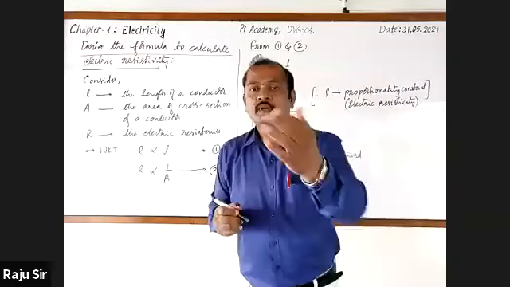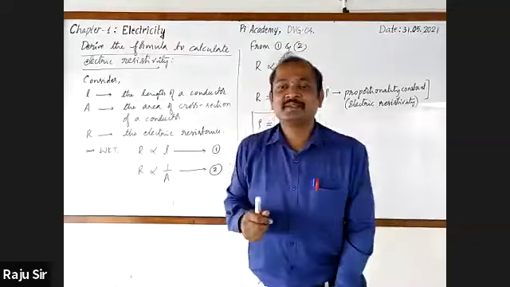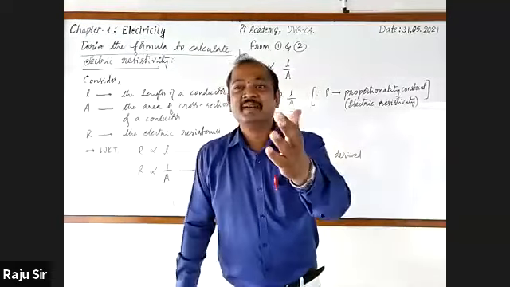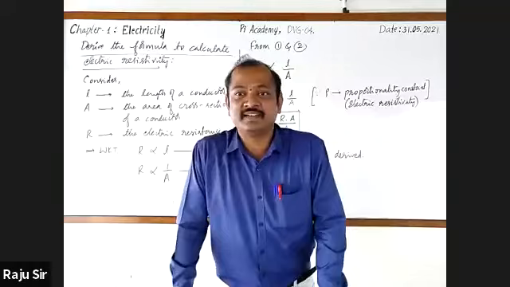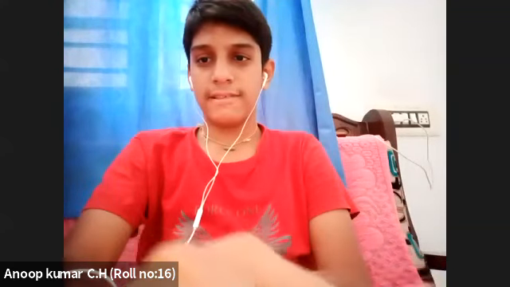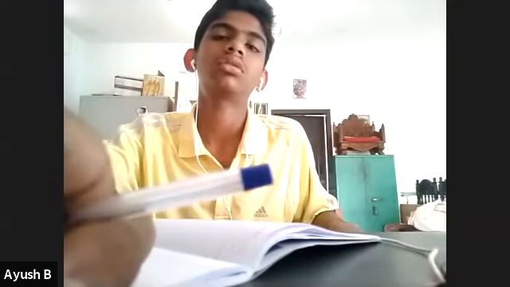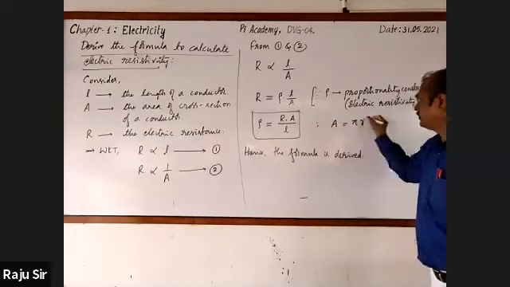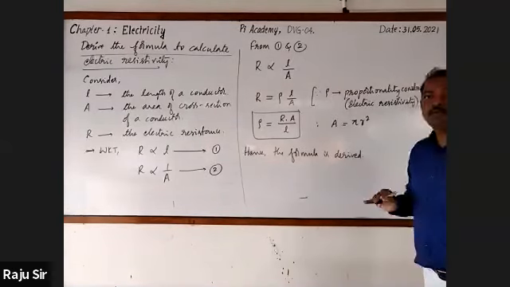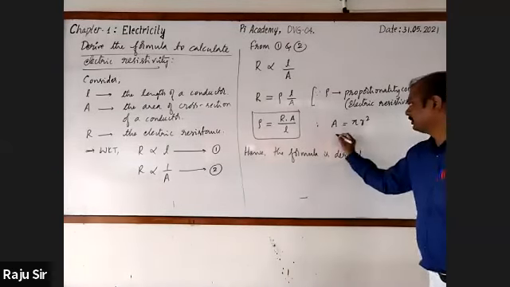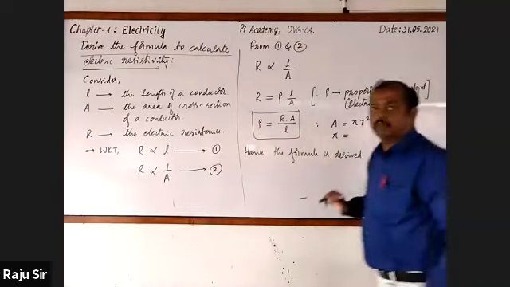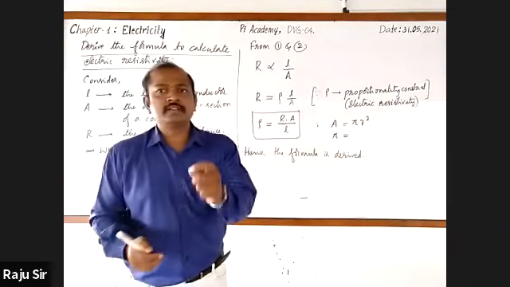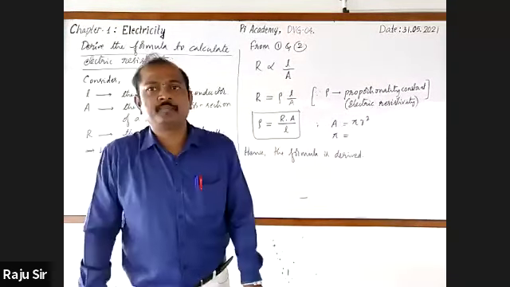What is the formula used to find the area of a circle? Pi r square. Just beside this, write A equal to pi r square. Then what is the value of pi? 22 by 7.